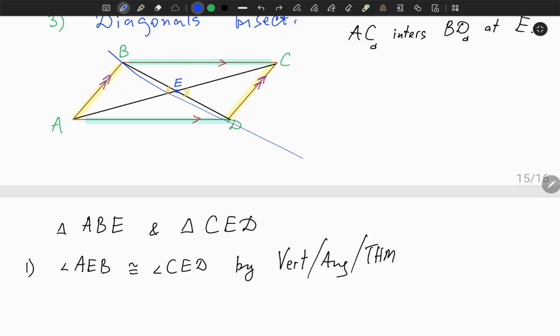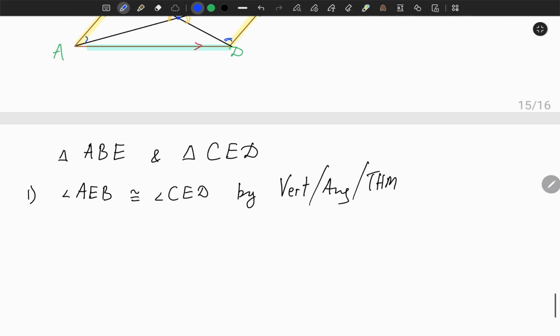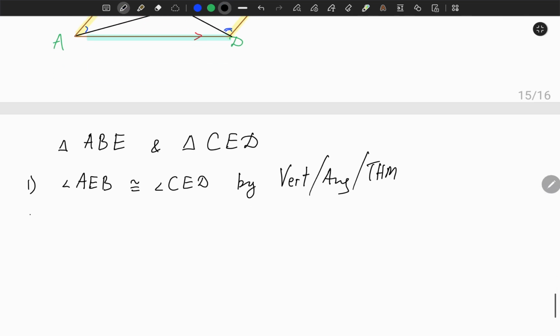All right, same story if we choose BD, and with these two angles, this angle must be congruent to that angle. Okay, perfect. So this angle is the same as that, and this angle is the same as this one. Let's write down number 1 and 2.